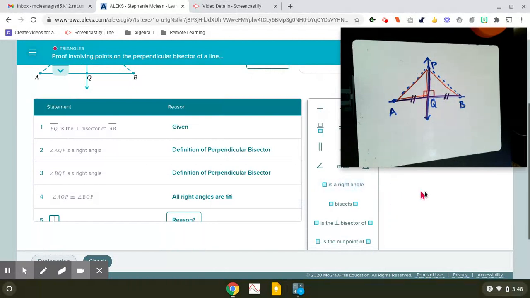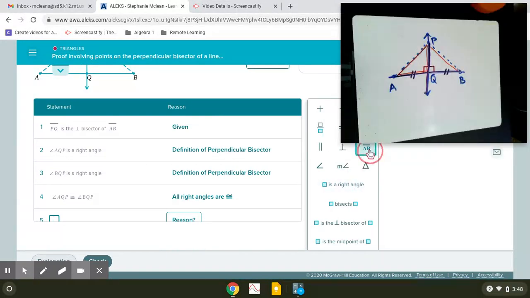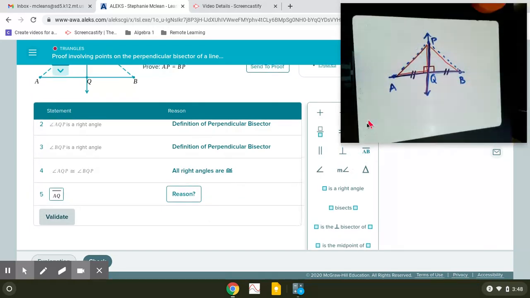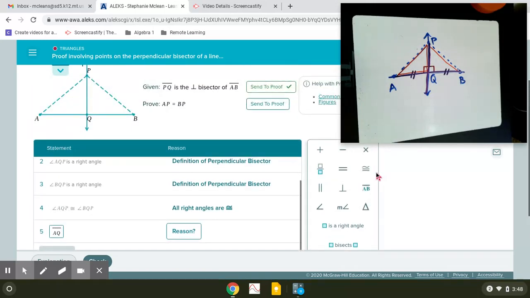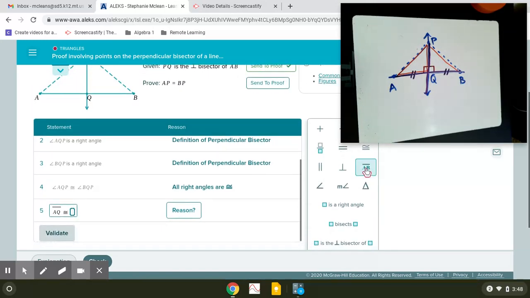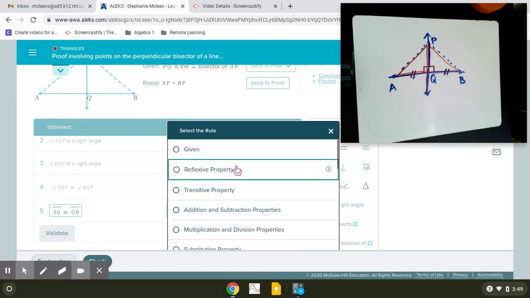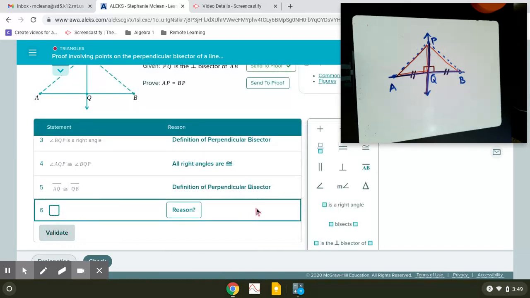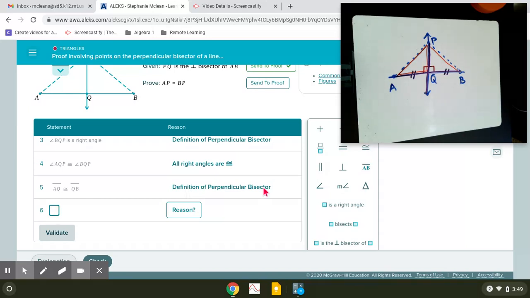Okay, so we're going to say segment AQ is congruent to segment QB. And that is also the definition of perpendicular bisector. So the perpendicular bisector, remember, tells us a lot of things. All right, lastly, we have two things.